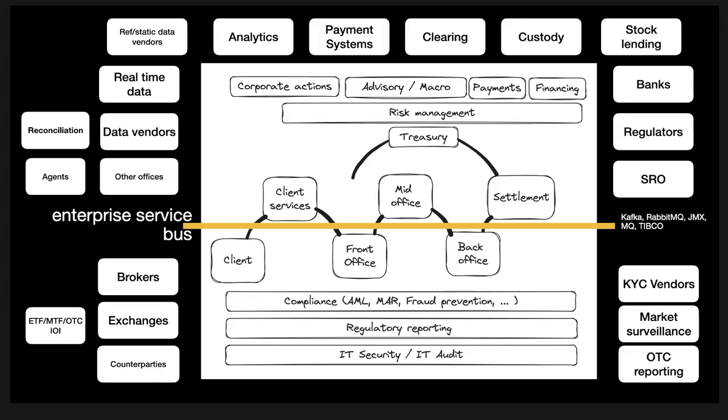Here are the main external services, which are exchanges, counterparties, brokers, market surveillance tools, OTC reporting, KYC helpers, banks, clearing organizations, and so on and so forth. So you see that there's a lot of them, and the environment is quite full of different sorts of services.